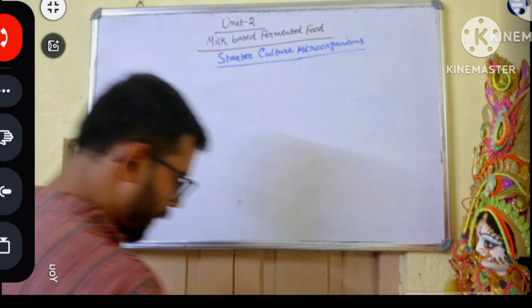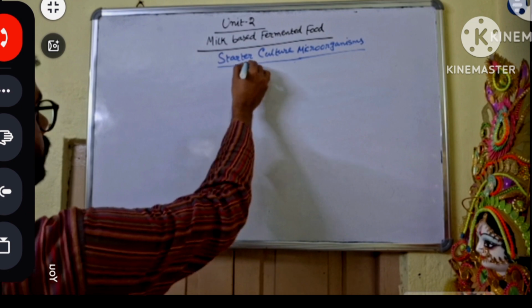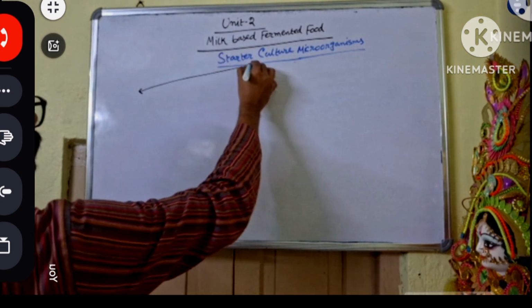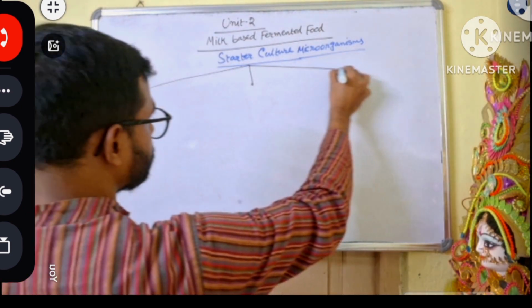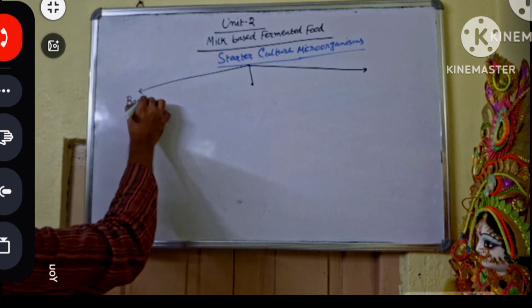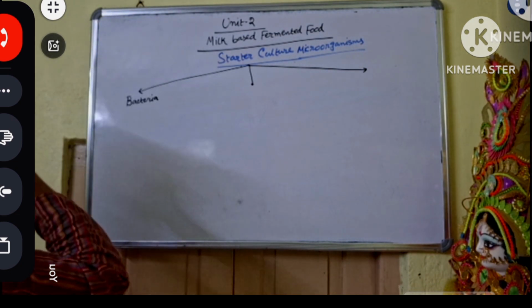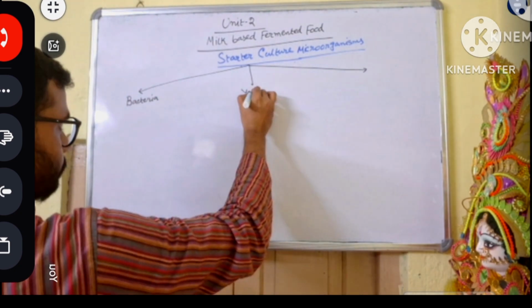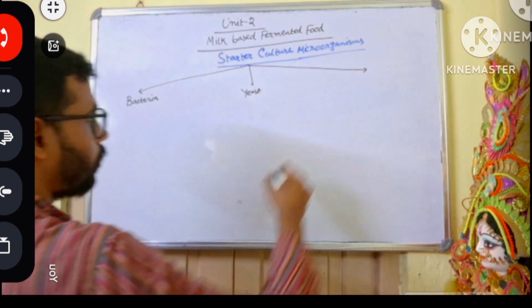We can use bacteria, yeast, or mold as starter culture microbes to start the fermentation. Bacteria as starter culture microbes, yeast, or molds.